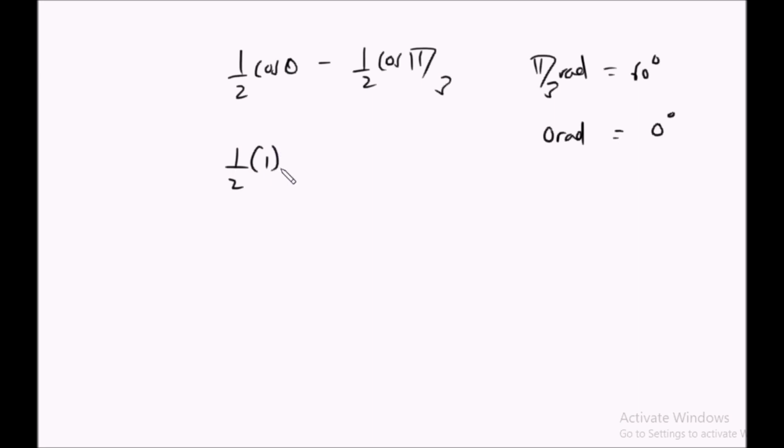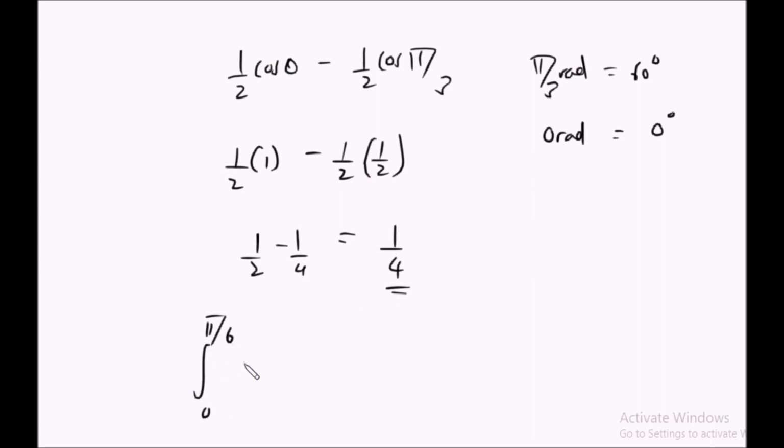So it's half times 1 minus cos of 60, which is a half. So it's just half minus 1 over 4. The answer is 1 over 4. So finally we can conclude that integrating from 0 to pi over 6 sin of pi over 3 minus 2 theta d theta, the answer is 1 over 4. You can see that in the definite integrals we did not put plus c.